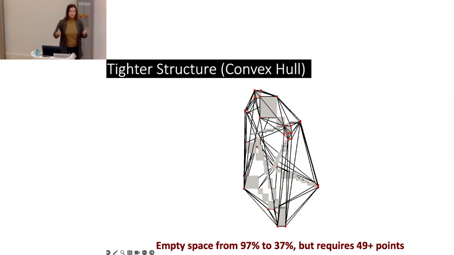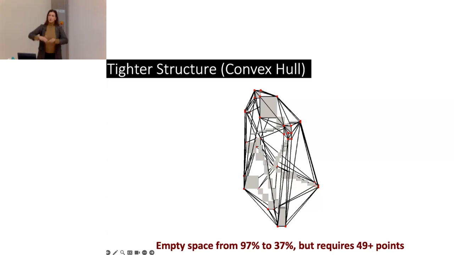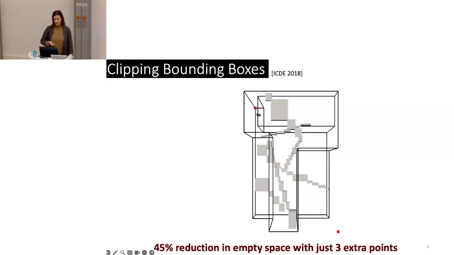We need a lot more points to represent this convex hull. So we cannot have a very compact index with such a large representation. And on top of that, we need a variable number of points to represent the underlying data, because the number of points we need depends on the data distribution. So it's not fixed. So again, that's not very easy to build an index around.